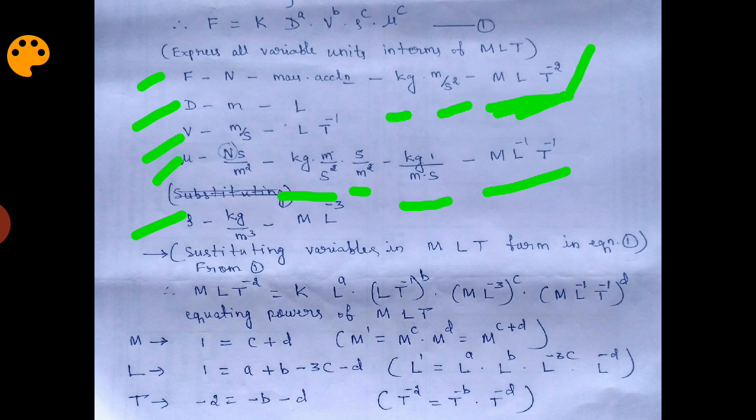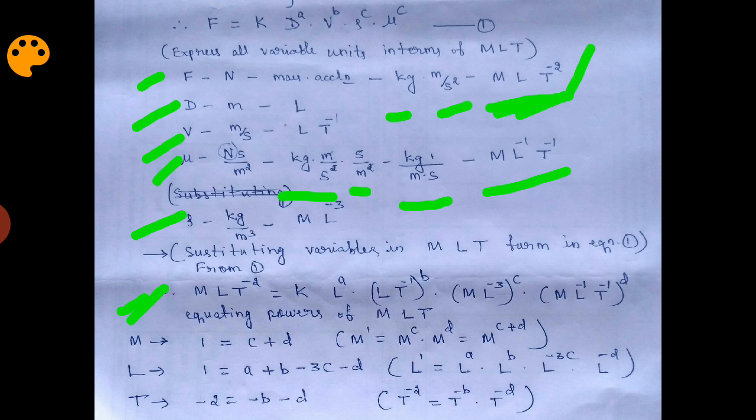Now substituting the variables in MLT form in equation number 1. As I said, all the variables will be replaced by their units or dimensions in the MLT form. Equation 1 is written like this. In place of F, the MLT form will be M L T raised to minus 2, which we have already found. K as it is.